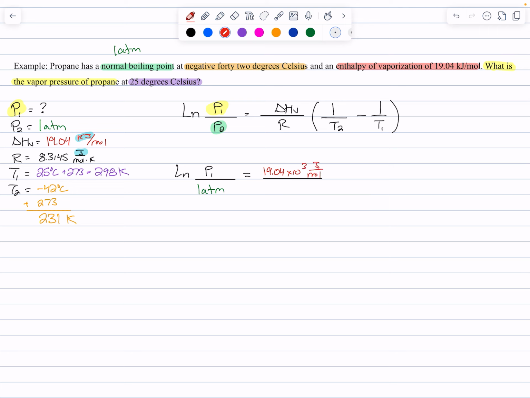I'm taking the kilojoules to joules; I just converted that up top. The bottom is R, 8.3145 joules per mole Kelvin. And our temperatures: T2 was 231 Kelvin, and T1 is 298 Kelvin.